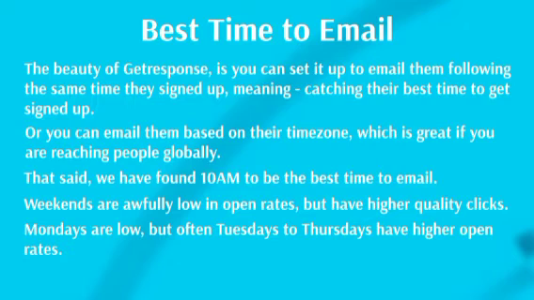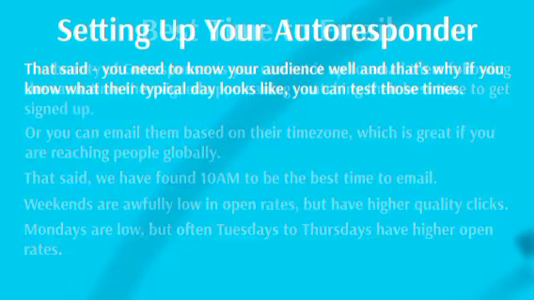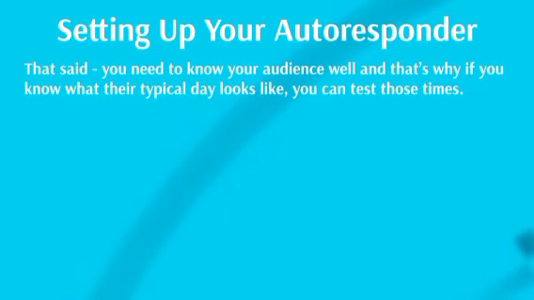But we found that often Tuesdays or Thursdays tend to have higher open rates. Now, if you want, you can go to Google and type in the best time to email your audience in a specific niche, and you might actually get that data. Because a lot of the email autoresponder services out there will actually collect this data and provide that to you.